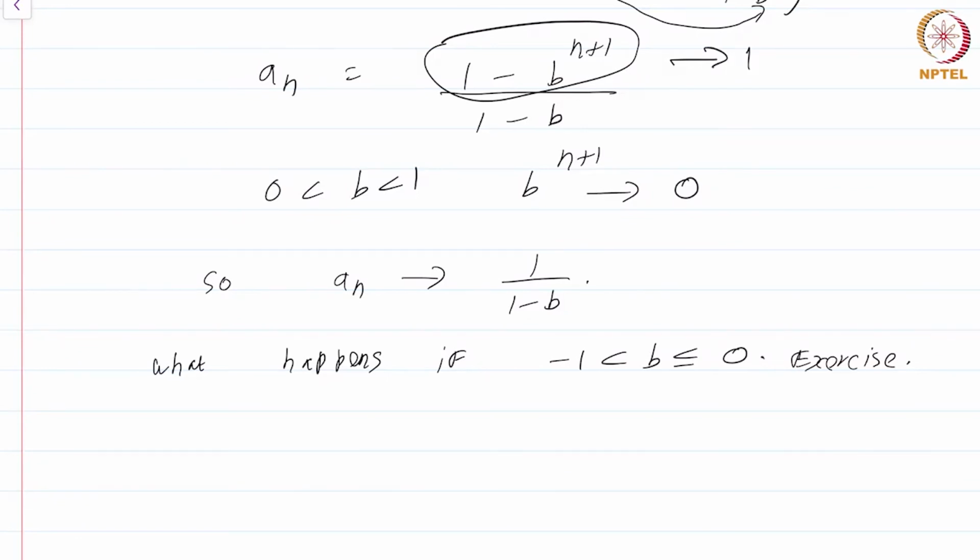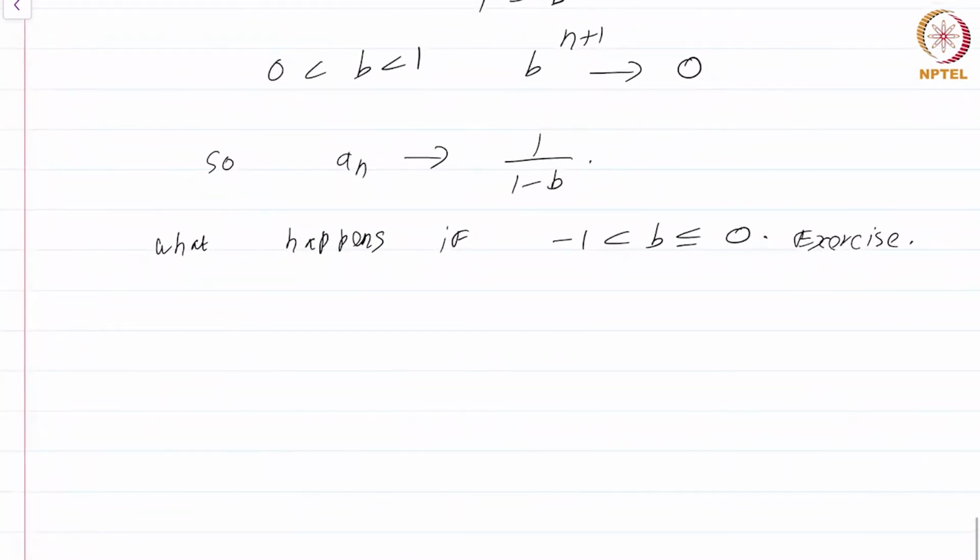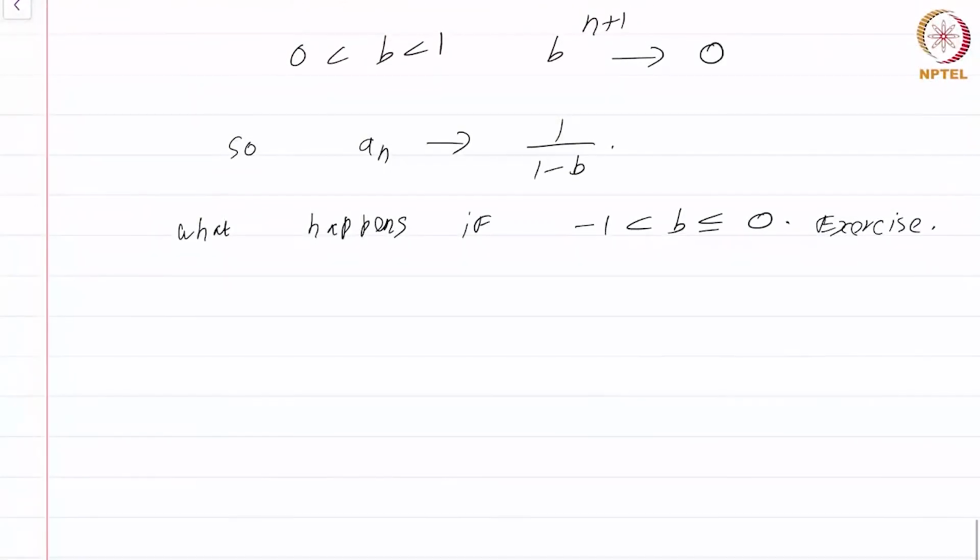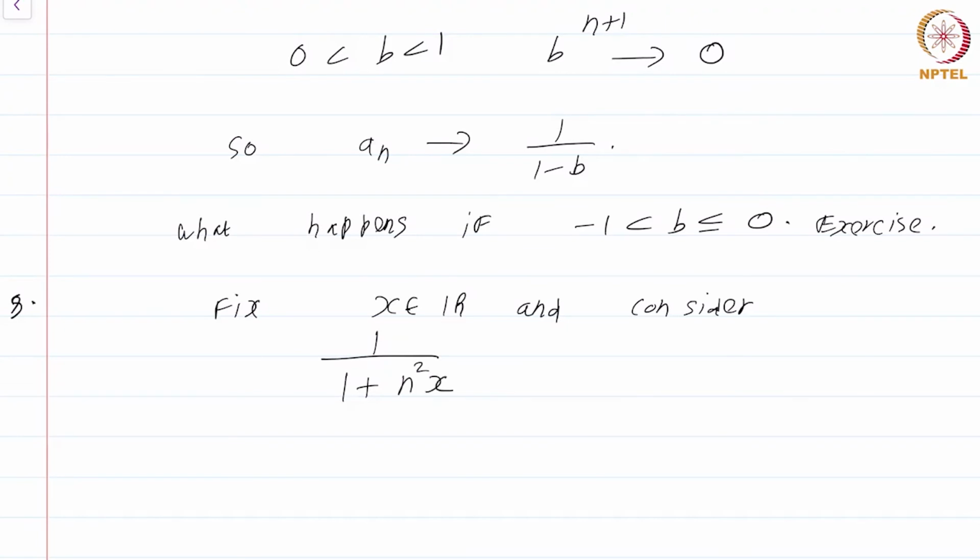Excellent. Now, one more example before we conclude this set of examples. Again, this is going to be a somewhat complicated one. This is example number 8. What I do is fix x in R and consider 1 by (1 plus n squared x).